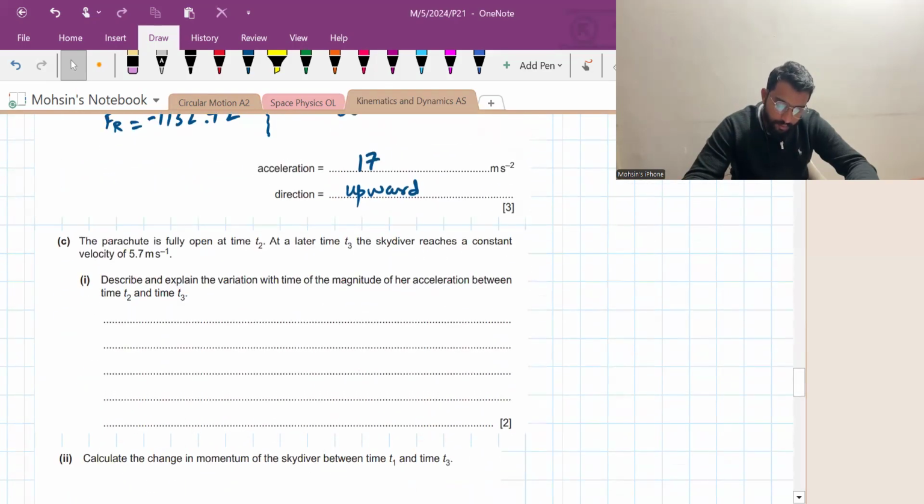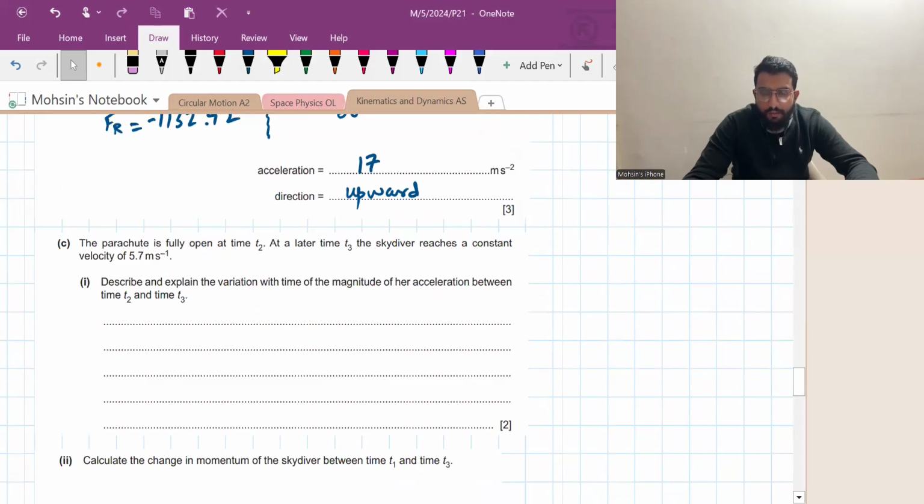But what they are asking, after all this happens, the skydiver again achieves terminal velocity. But this time, the terminal velocity is less, which is 5.7.